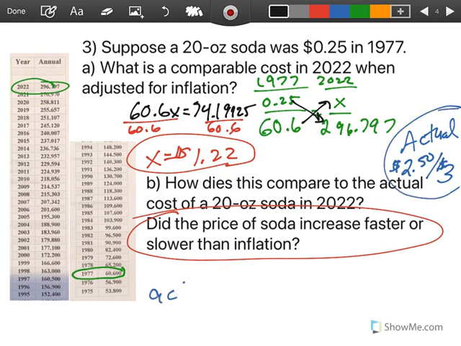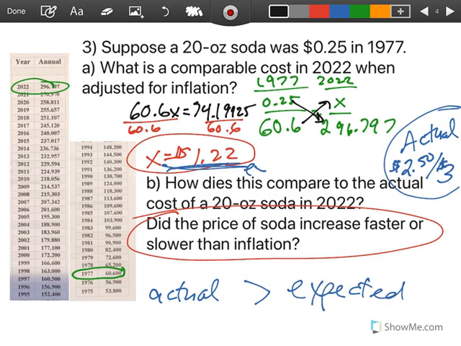Because the actual is greater than the expected, right? Because this is the expected. If we play with inflation, it's expected. Because the actual price is greater than the expected with inflation, it grew faster. Because if it had grown slower than inflation, it would be less than $1.22. Unfortunately, that's just not where we're at. So it has grown faster than inflation.